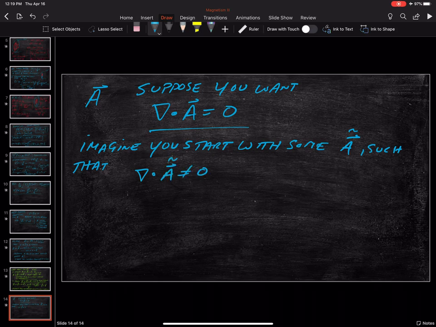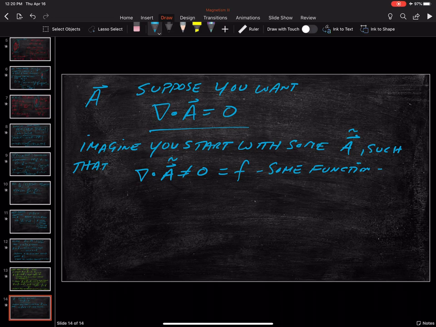Let's call it some f. So this is some f of x, y, and z. So it's some function. In other words, you're starting off with some vector potential, and the divergence of that vector potential that you get, say, by solving equations, comes out to be not 0. Comes out to be some function. But you really want this thing to have 0 divergence. Why? Because it makes the equation so much nicer. Is there any way you can get away with it?